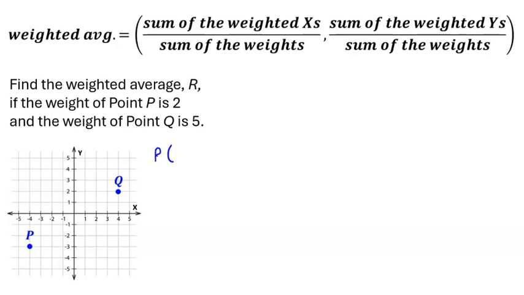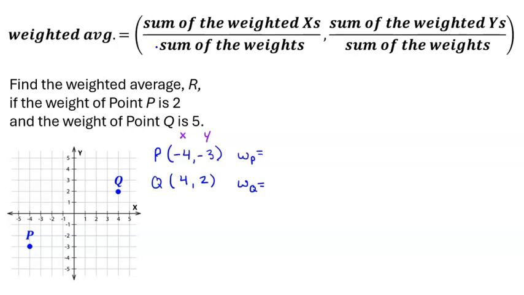I've got P is at -4, -3. And then I've got Q at 4, 2. And then I'm just going to label these as X's and Y's just to help me remember. And then I've got the weight of P and the weight of Q.